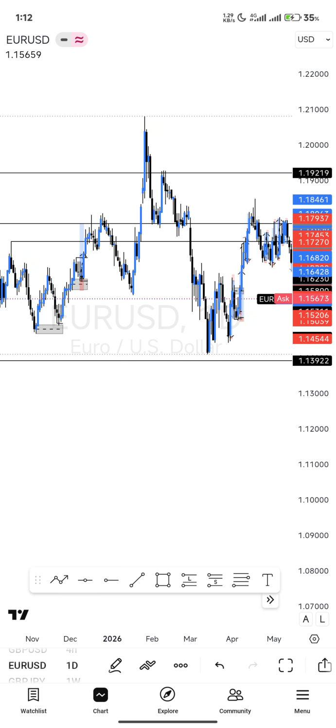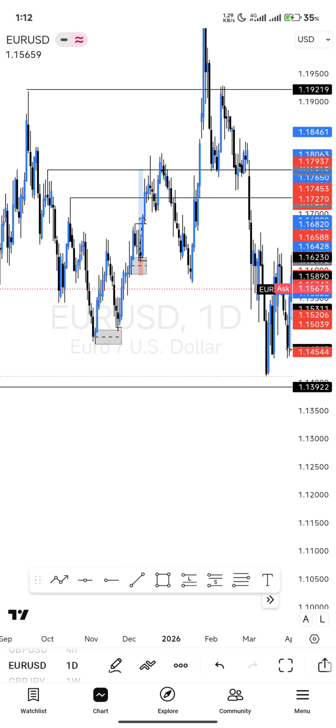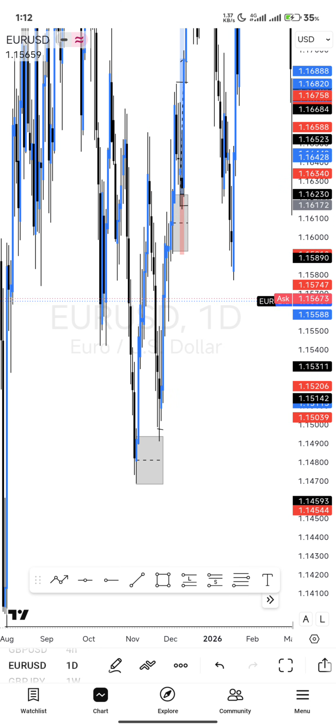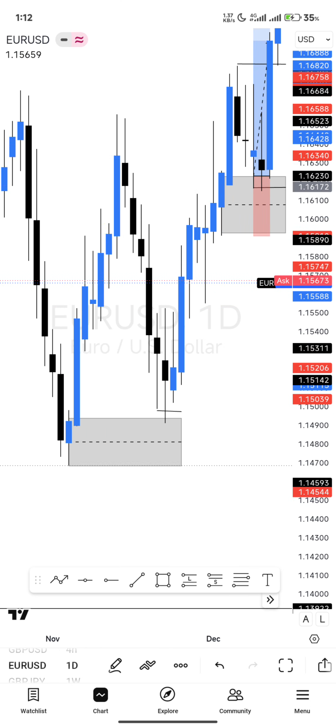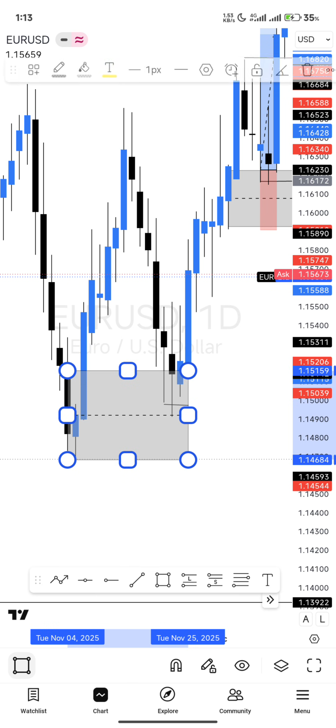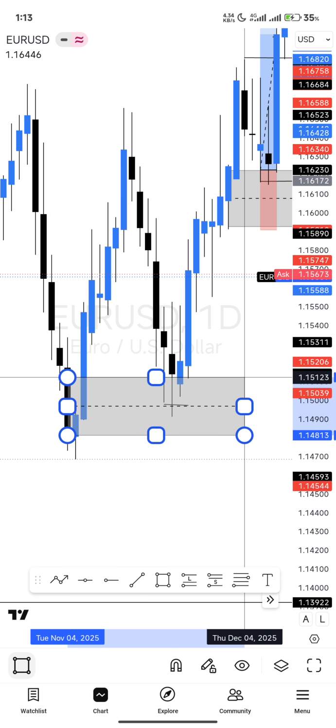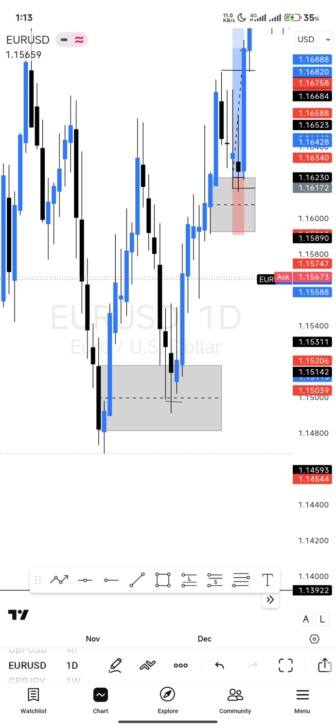Let's see if I can find another example for you guys. Okay, so this is another example of an order block right here. This is a daily time frame, by the way, so you can see the market reacts to it.